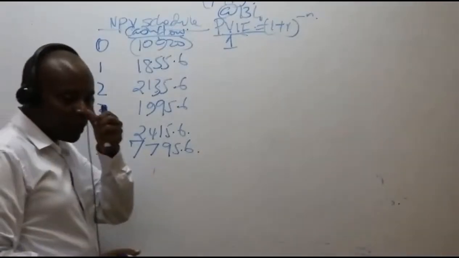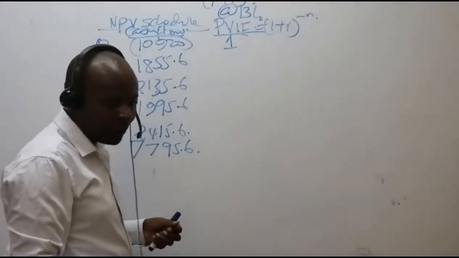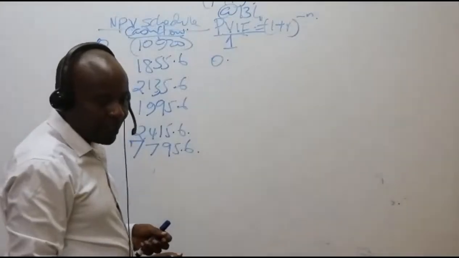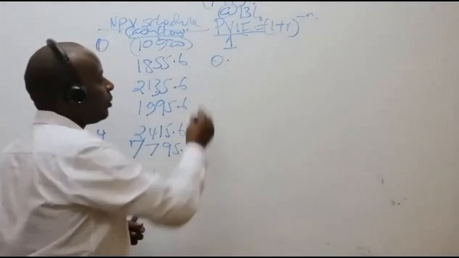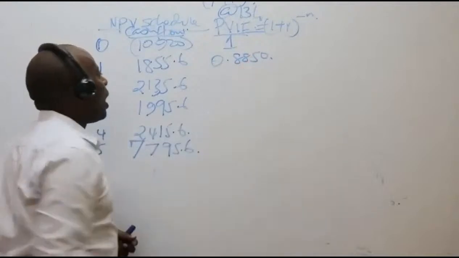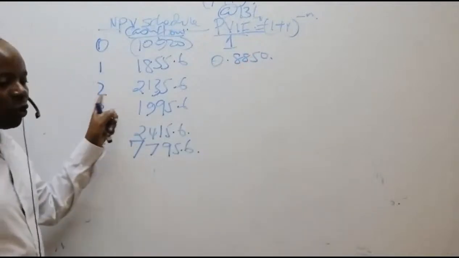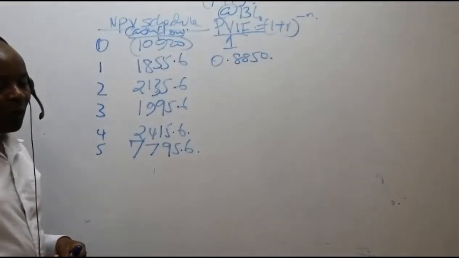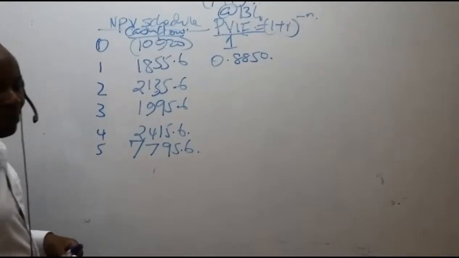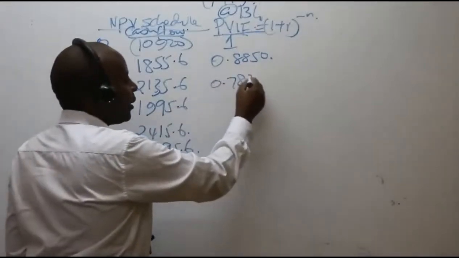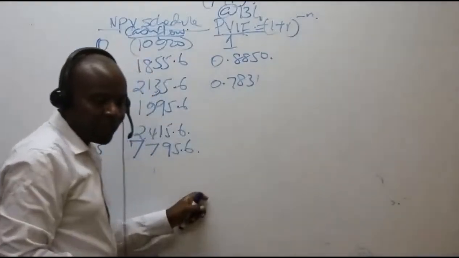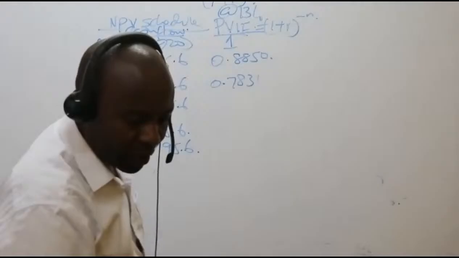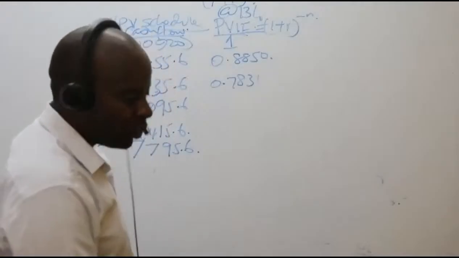The second one is supposed to be 0.8850. How about 1.13 raised to power negative 2? I'm being told it is 0.7831. And then Lokai gives me the last one, 0.5428.